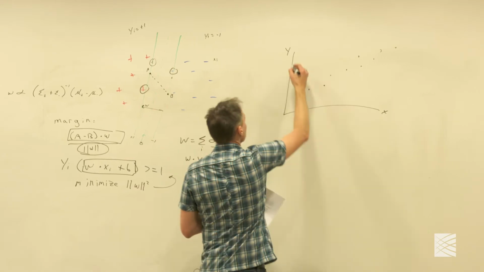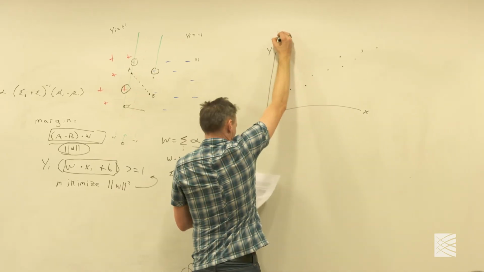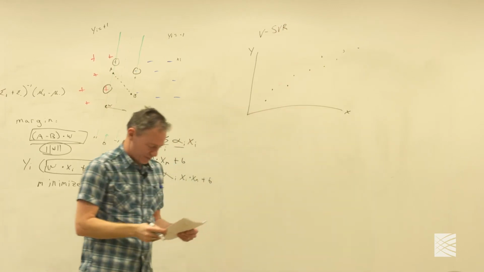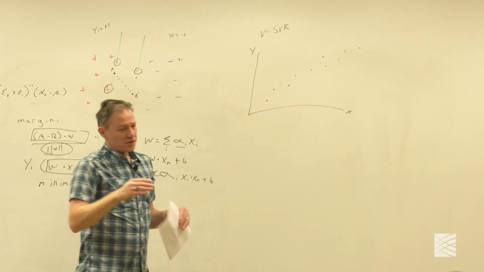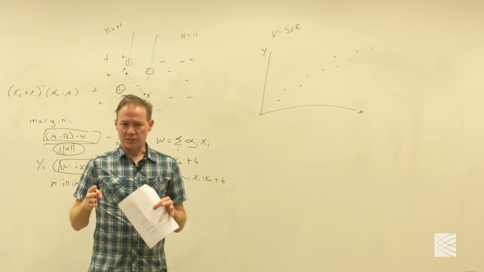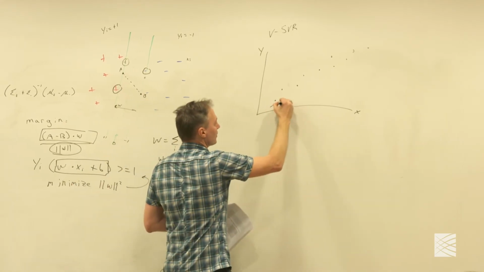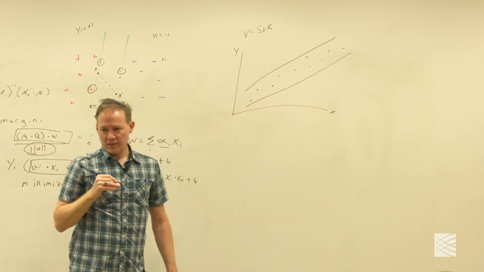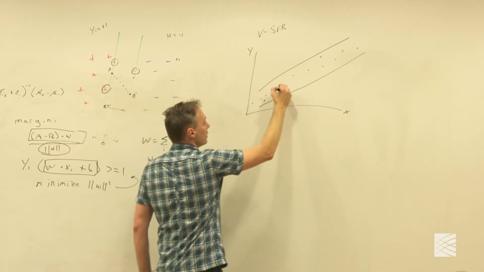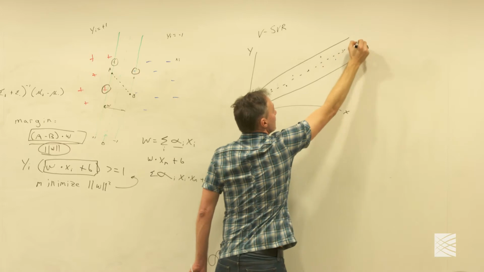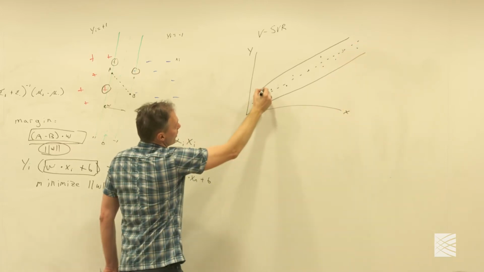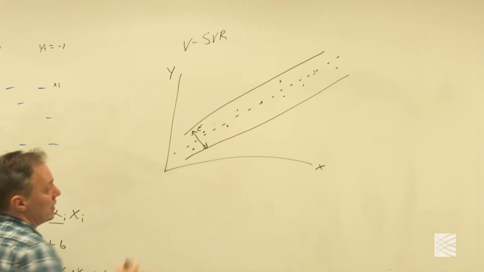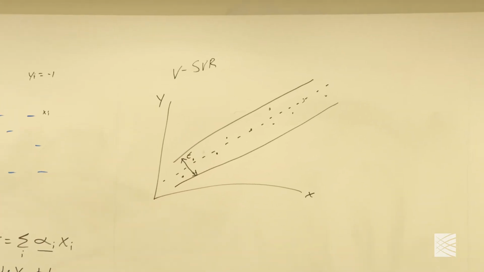We're going to set up what's called nu-SVR. Hope that's new. And so what we're going to do is we're going to say we want a good regressor, and we're going to define that, similar to our maximum margin, by building a regressor along these points. We want as small a tube as possible to contain them.